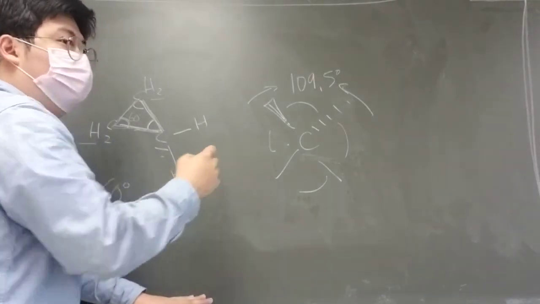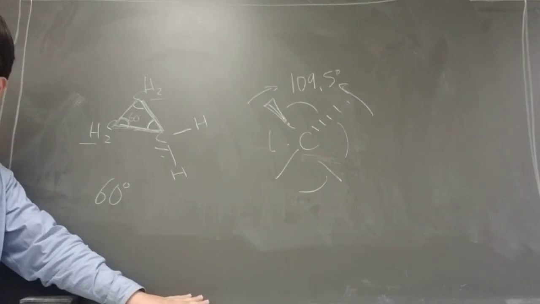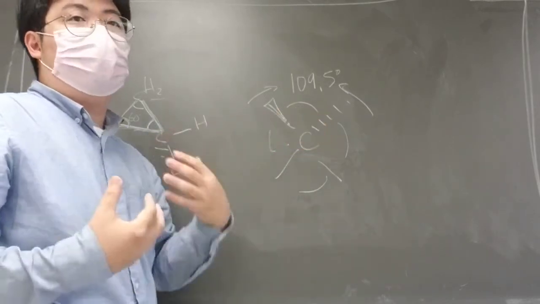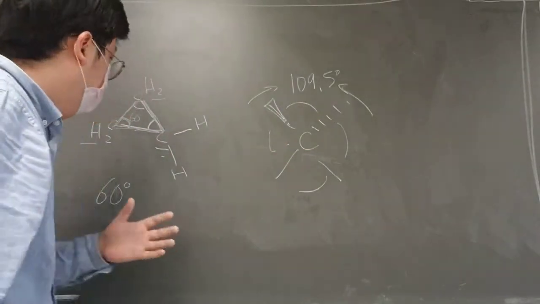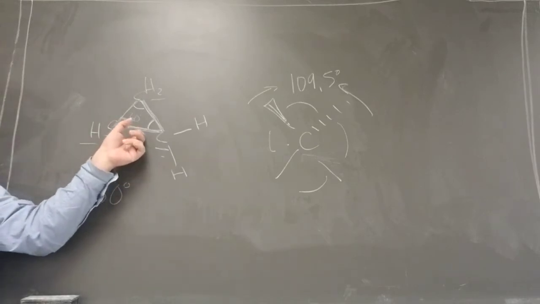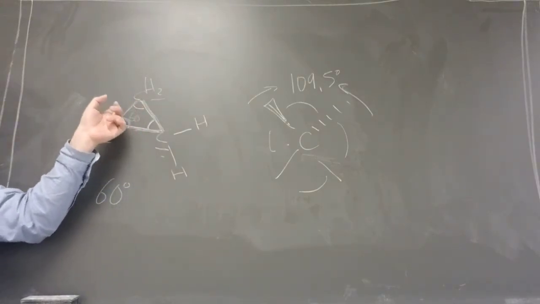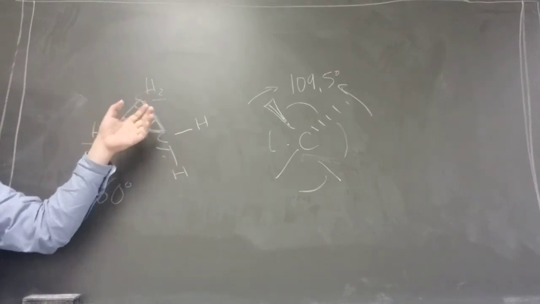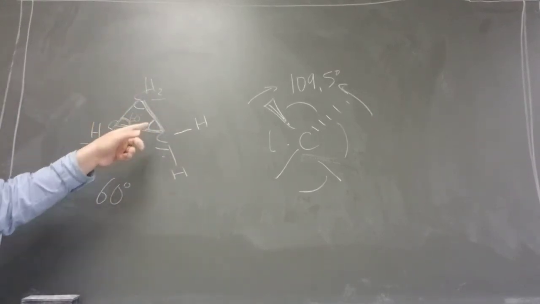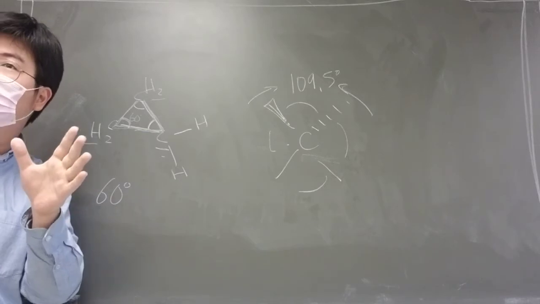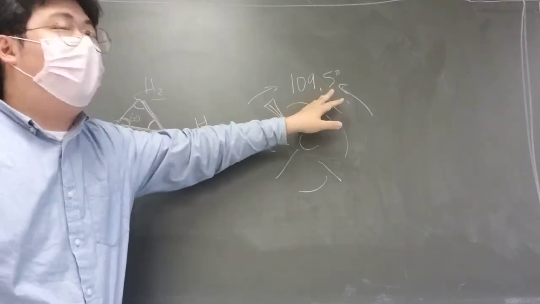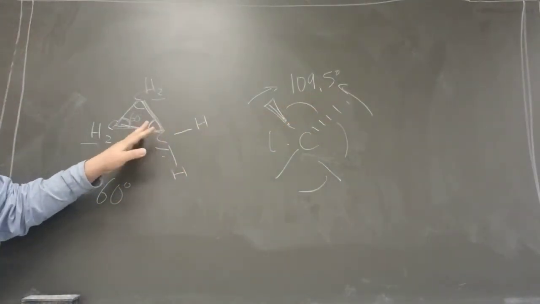This one will resist, right? This is the bond angle they want to have naturally, but they're forced to have a smaller angle inside the ring structure because of the nature of the triangle. It's always 60 inside, right? Does it make sense? It has to be 109, but now it's 60.